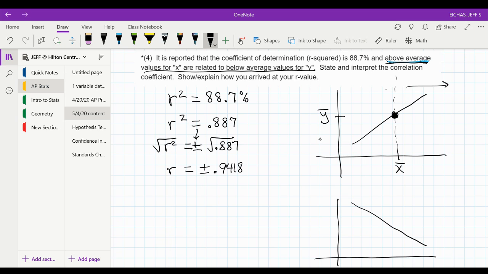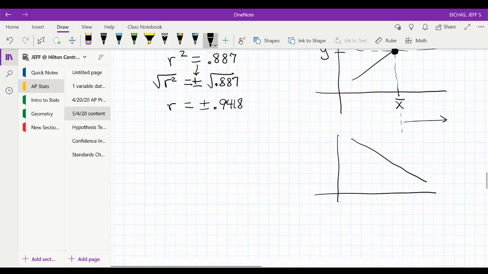We wanted above average values of x, so we go to the right. Now, what is that related to? Well, it's related to below average values for y. If you look, these are above average values for y. So it's not a positive relationship.